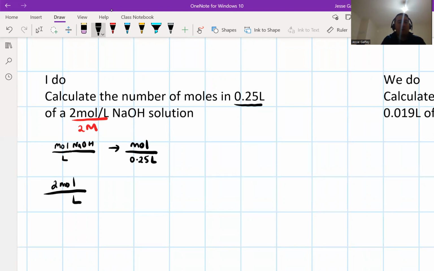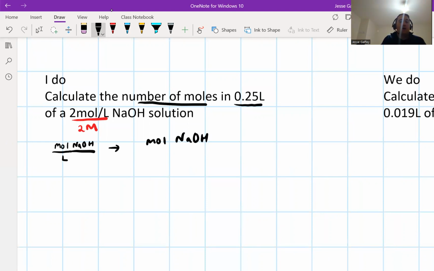We have 0.25 liters. So that's the number I'm going to put in here, 0.25. Sorry, I'm going to go back on myself here for a second. We want to go from moles of NaOH per liter to just a number of moles. That's what it's asking us to find, calculate a number of moles. Okay, so we're just going to go to moles of NaOH.